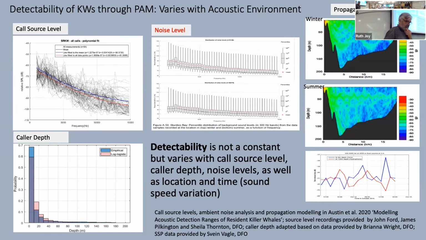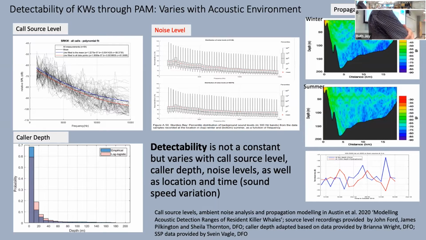So here is a work that I discussed in early 2018 with folks at JASCO. It's detection range modeling. Most papers that you see when it comes to killer whale call detection range use some sort of a constant, often around 5 kilometers, as the typical range in which you can get the killer whale calls.